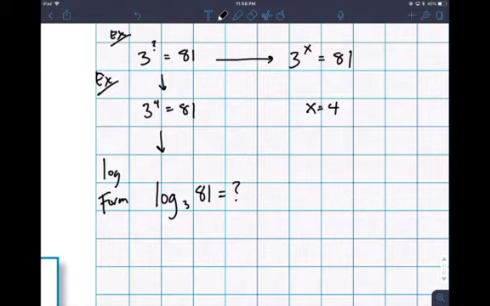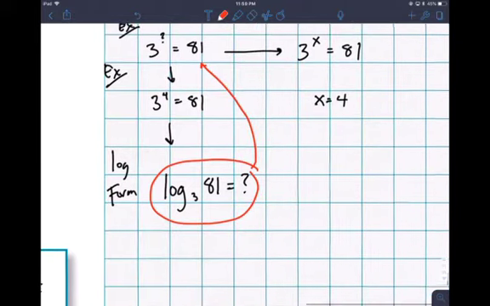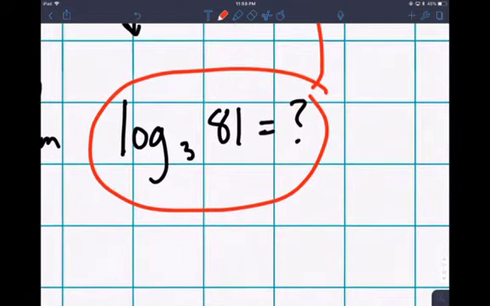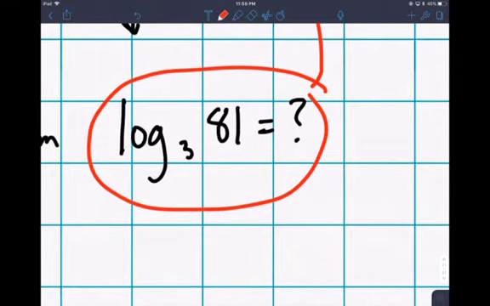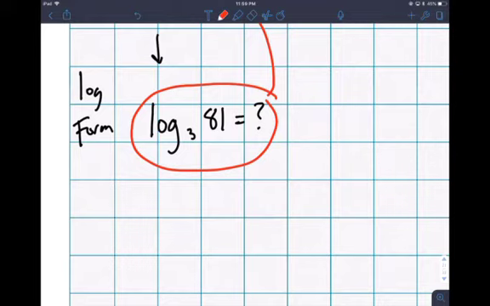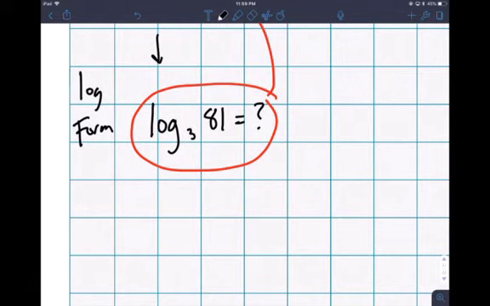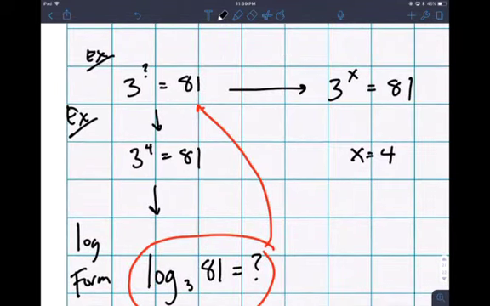So again, if you don't see it, go back and read this in this form. So this is telling me 3 to some power has to equal 81. What is that power? The power has to be 4. Also, that means that this is equal to 4. So log base 3 of 81 is equal to 4, just how we solved it here.